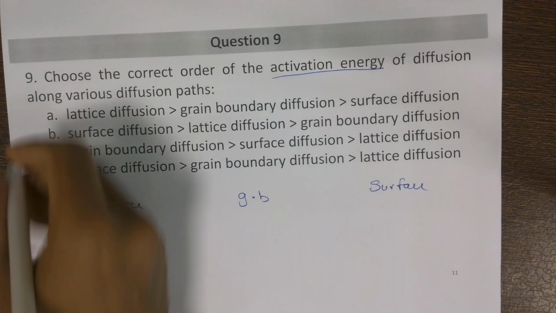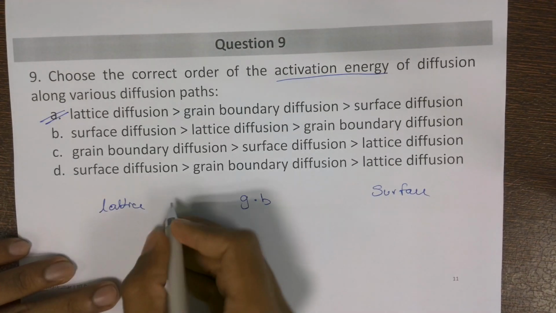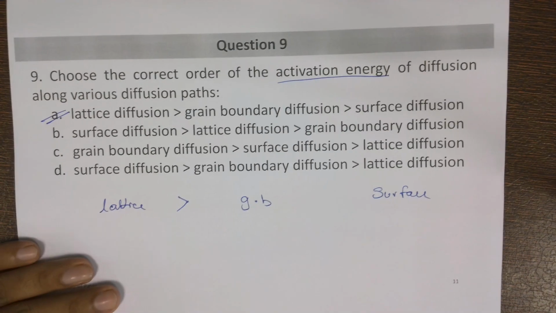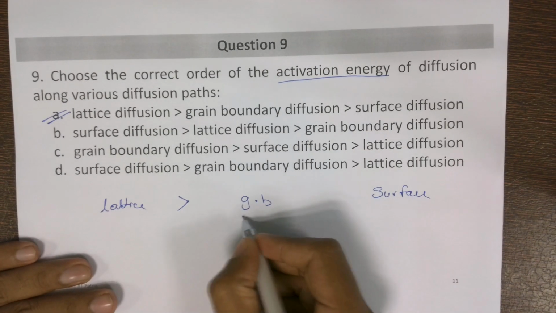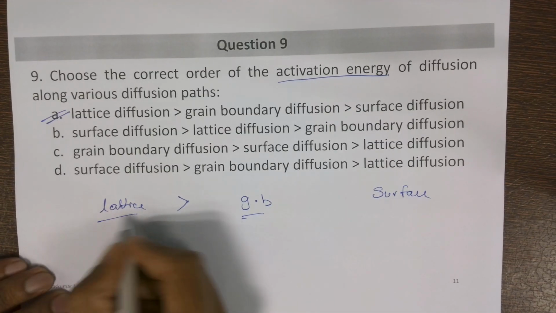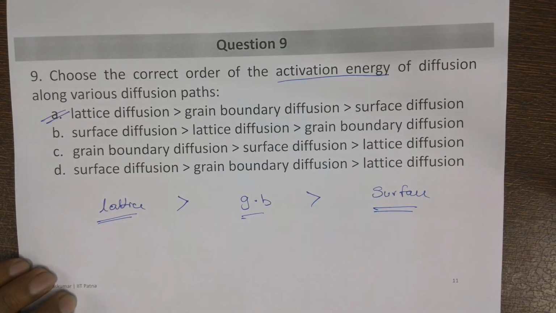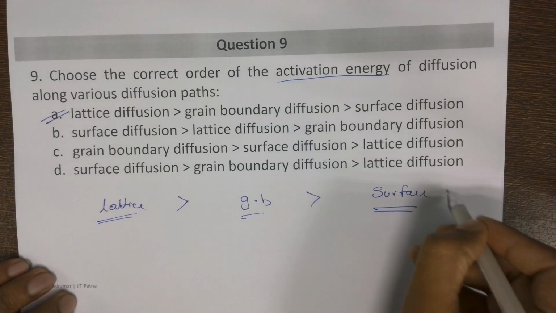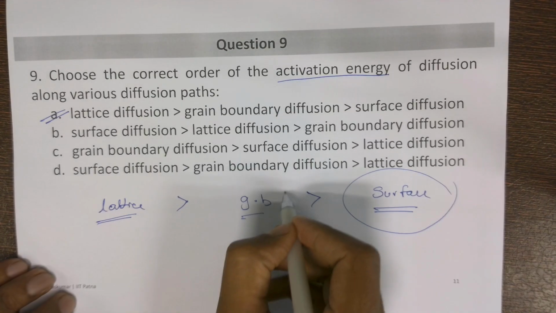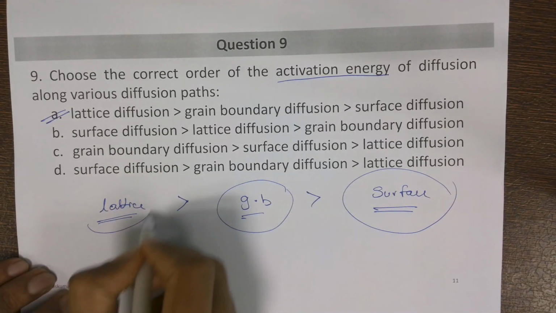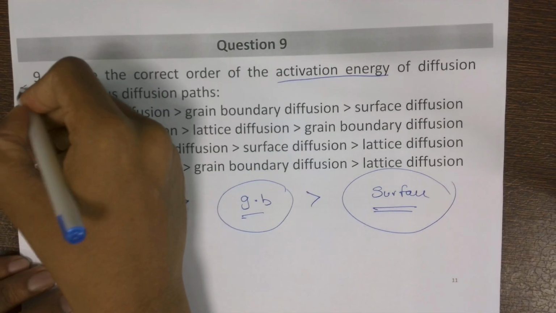Yeah, very good. The right answer is option A. The activation energy for lattice diffusion is the highest, then grain boundary, and then the surface. It is very easy to move along the surface, then the grain boundary, and then the lattice. Very good. Let's move to the next part, question number 10.